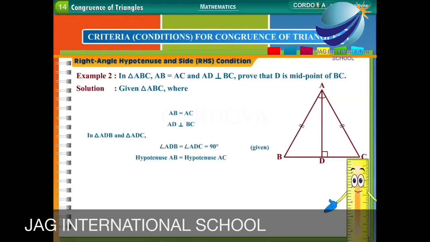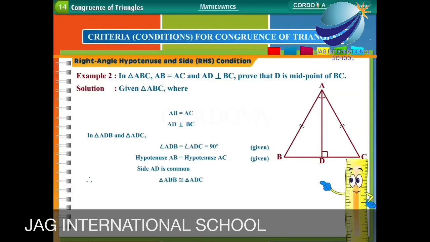Hypotenuse AB equal to hypotenuse AC, given. Side AD is common. Therefore, triangle ADB is congruent to triangle ADC by RHS congruence rule. BD equal to CD, corresponding sides of congruent triangles. Hence, D is midpoint of BC.